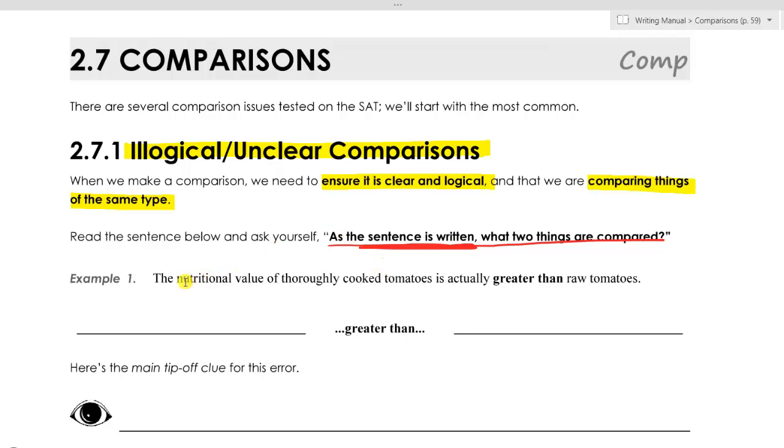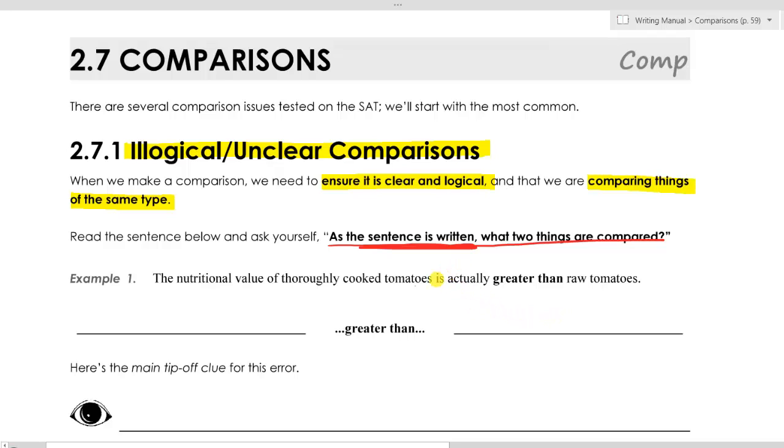So we have: the nutritional value of thoroughly cooked tomatoes is actually greater than raw tomatoes. A lot of students will read this sentence and think, all right, that's pretty clear. They're giving me that the nutritional value of one type of tomato is greater than the other type of tomato.